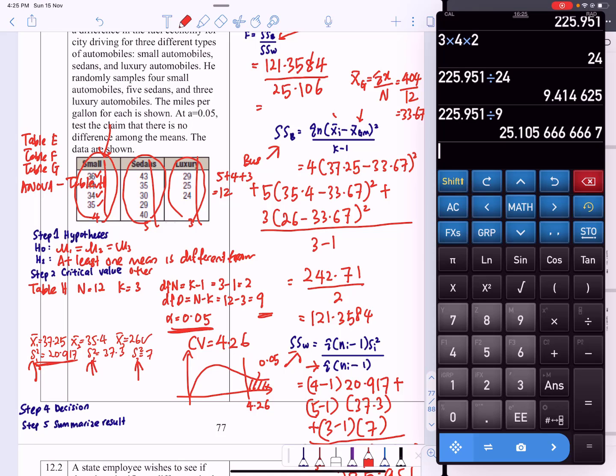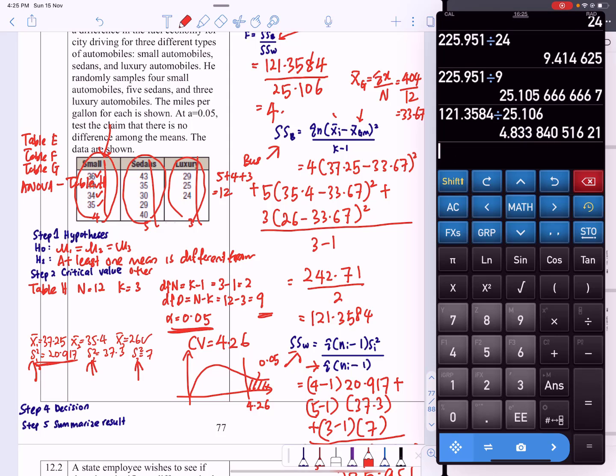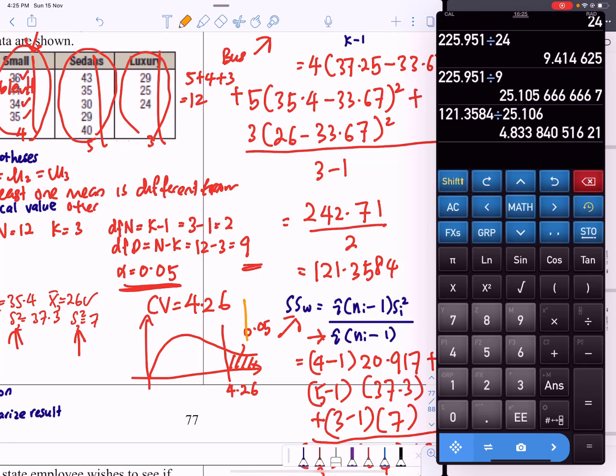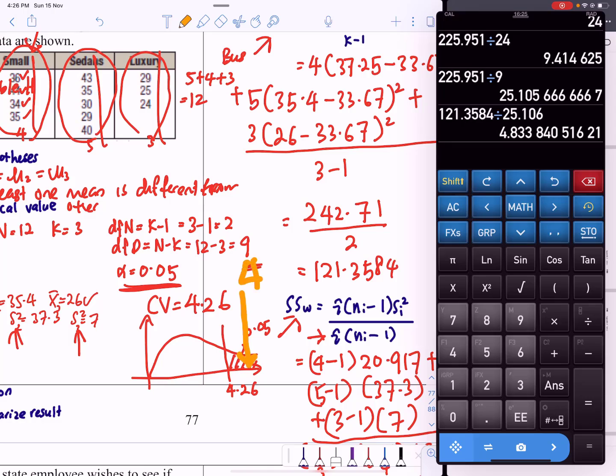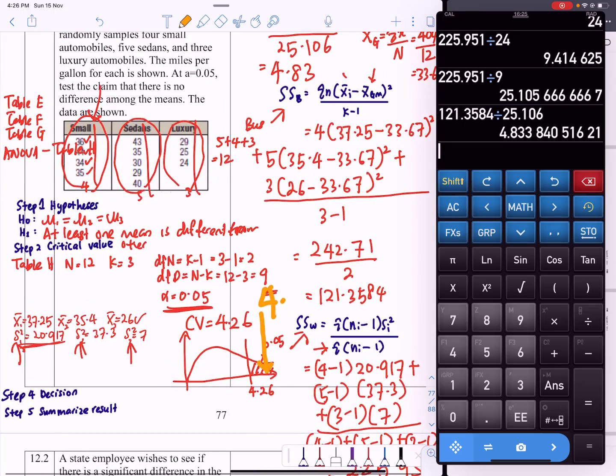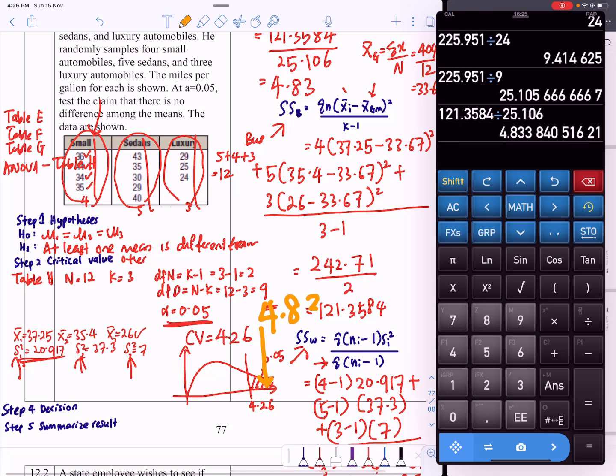Then what we get? 121.3584 divide by 25.106 equals to 4.83. Then 4.83, where is the location at the graph? Here. I enlarge the line. 4.83.